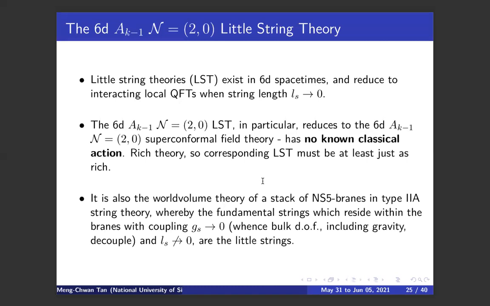If we look at the canonical quantization approach to quantum mechanics, we can look at the symmetries of the algebra and still ascertain the states from the symmetry algebra. It's a very rich theory, so the little string theory must be at least just as rich. There are probably a lot of mathematical secrets hiding inside here, and we are unraveling some of them today. That is the point of this work.